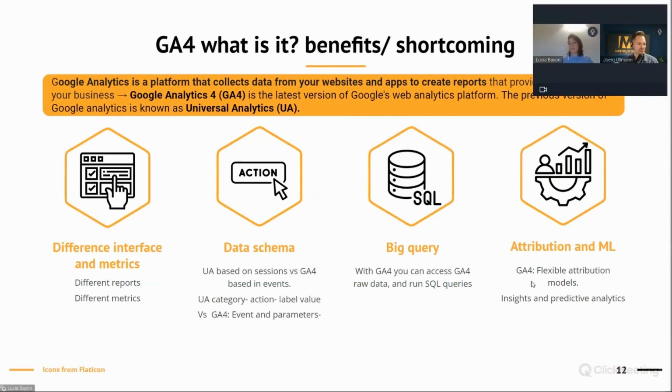And then obviously the AI and machine learning capabilities with insights or predictive analytics. So GA4 allows you to segment your audience by likelihood to purchase, so then you can feed that back to the ad campaigns and optimize them accordingly.